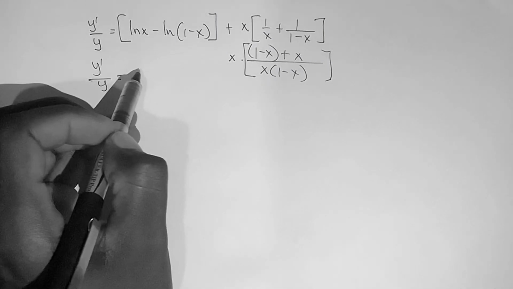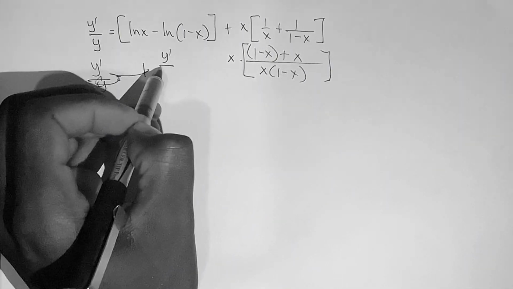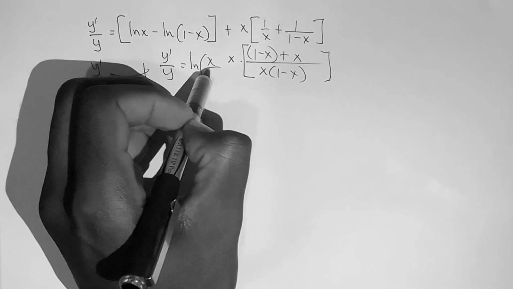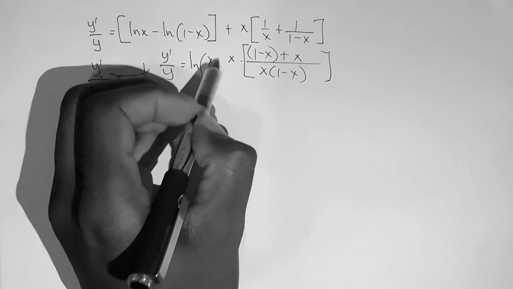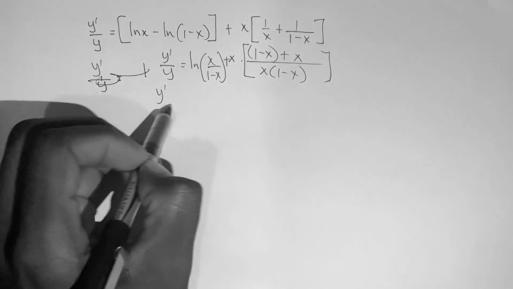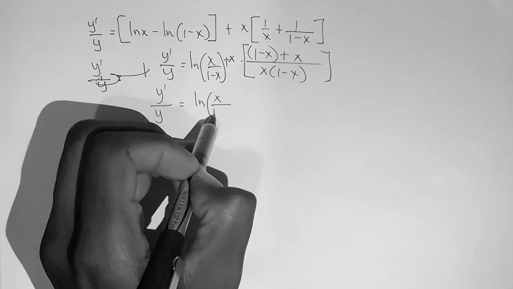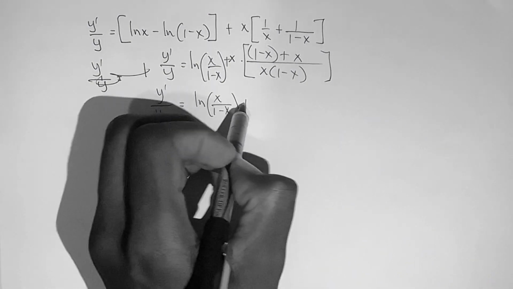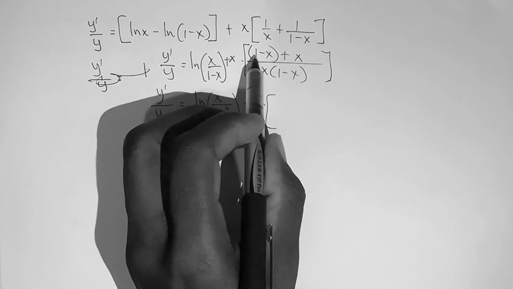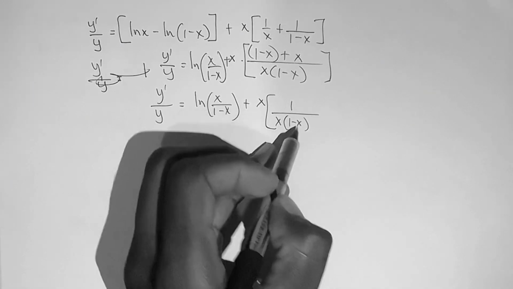let's write this as a single log. So y prime over y is equal to ln into bracket x over 1 minus x, then plus x times, this becomes 1 minus x plus x is 1 divided by x times 1 minus x.